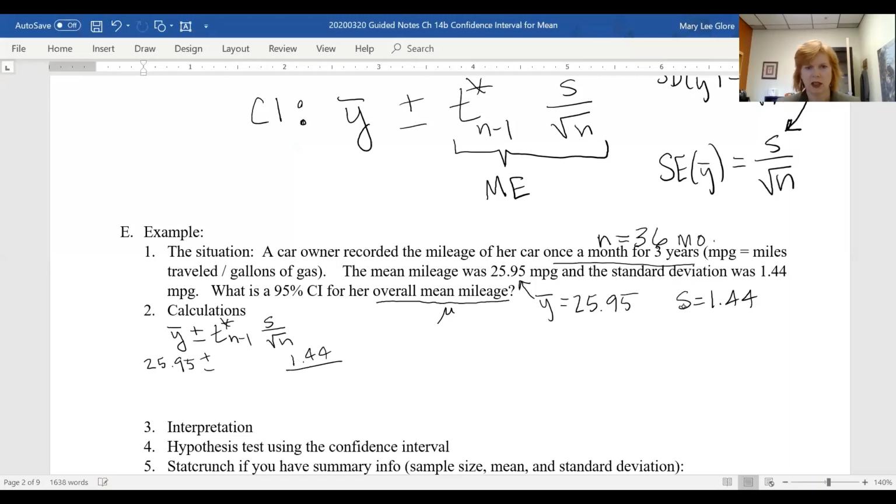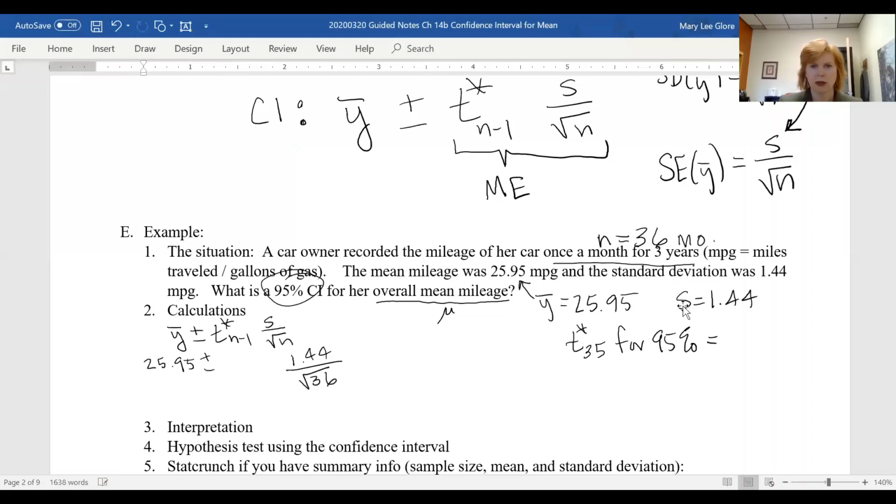And we got n, 36. And we just need this T star. So we need a T star with n minus 1 degrees of freedom, so that's going to be 35 degrees of freedom, all right? And we want a 95% confidence interval.